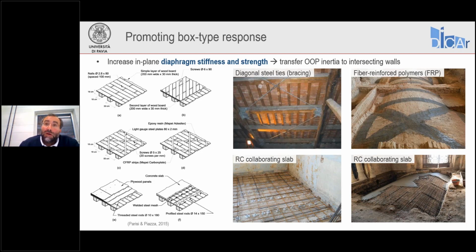And a combination of these solutions is usually needed to improve the response of a building. Which of them to be implemented depends on the case that you are considering, depends on the specific vulnerability of the building that you are analyzing and possibly strengthening.